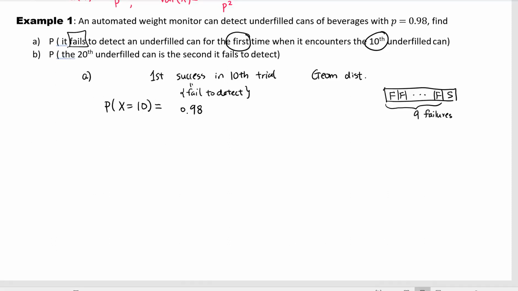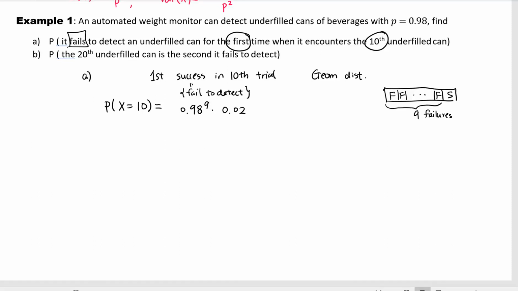Sometimes you have to read the problem carefully, because part A asks it fails to detect the underfilled can for the first time when it encounters the 10th underfilled can. So success is fail to detect. That's why the last one, fail to detect, is 1 minus 0.98, which is 0.02.